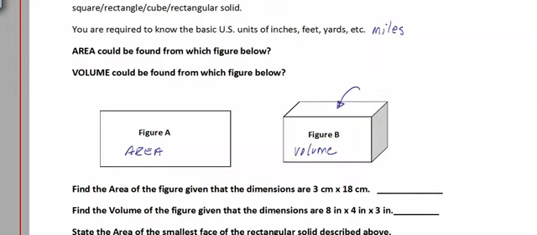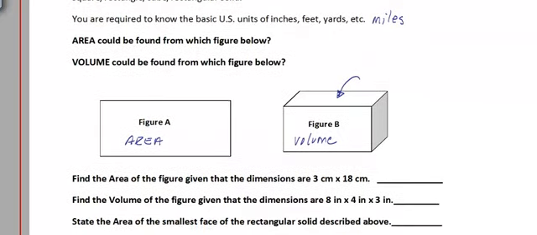So let's suppose the figure A has the dimensions of 3 centimeters and 18 centimeters. And the question is, could I find the area? Well, let's just remember some formulas.